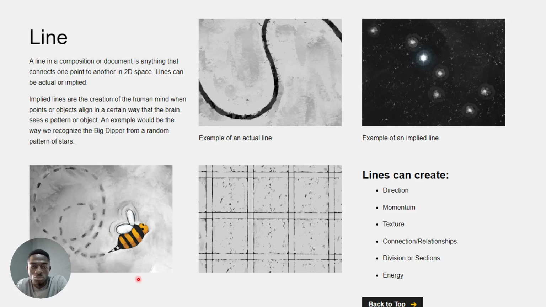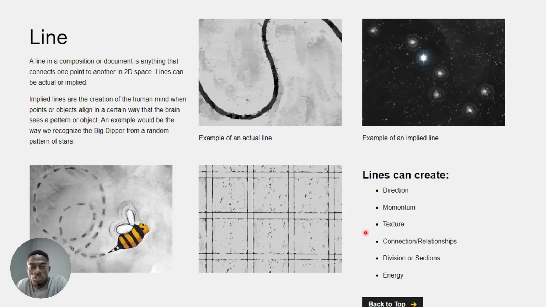That's what makes up a 2D image, and we can tell from the image that the bee is moving. How do we know this? Because of this line here, which depicts the movement of the bee. The bee isn't actually moving, this isn't a video, but we're able to tell that there was movement in here.